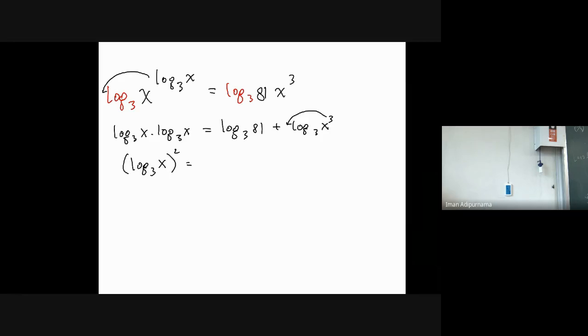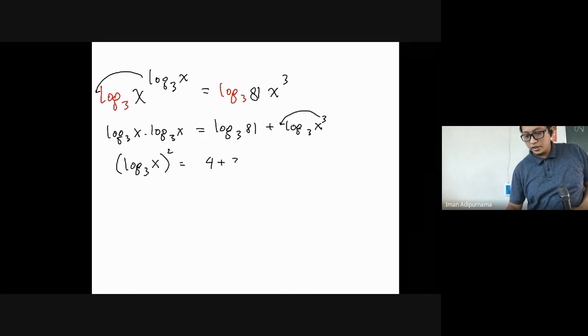What is 3 with the power of 4? So 3 with the power of 4 will be 81. So we can write this as log base 3 of 81, which is 4, plus this is 3 log base of 3 x.